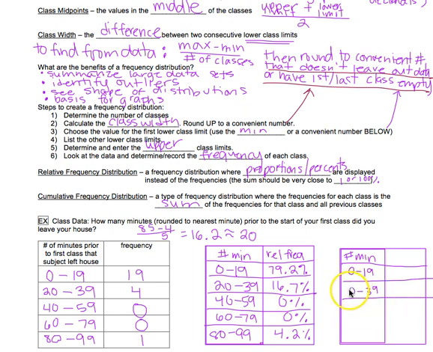Or it might say up to or less than 39. So sometimes they use words, sometimes they use numbers, but usually they're going to change that left-hand column.